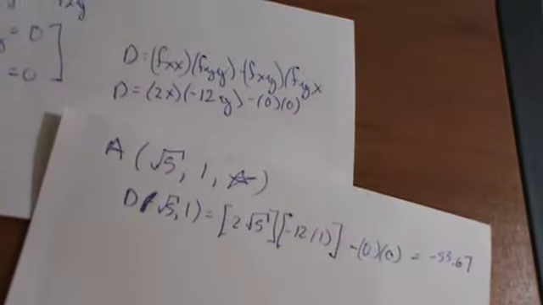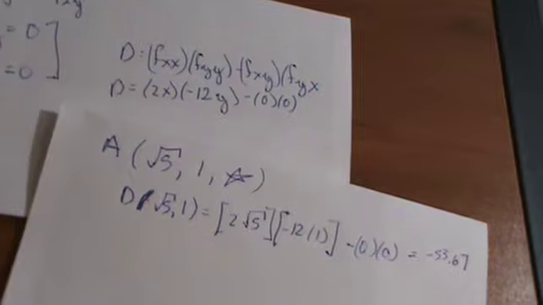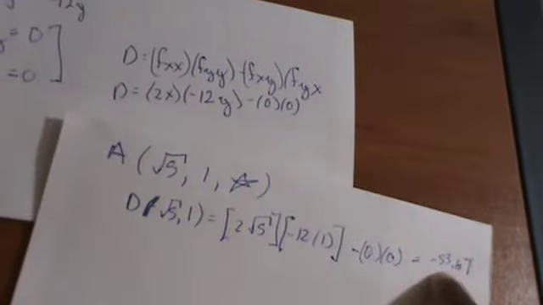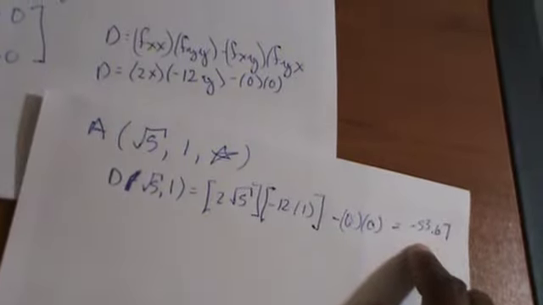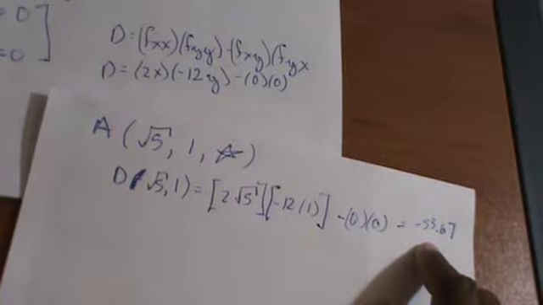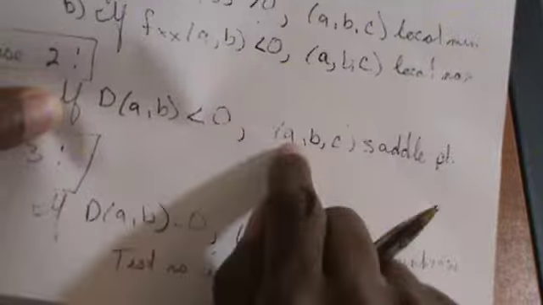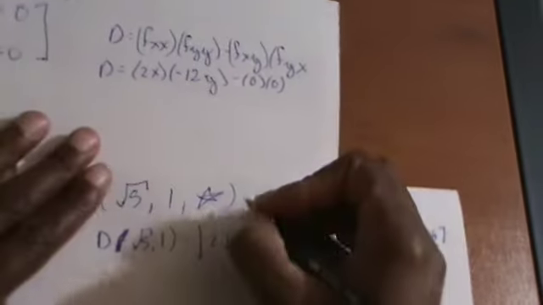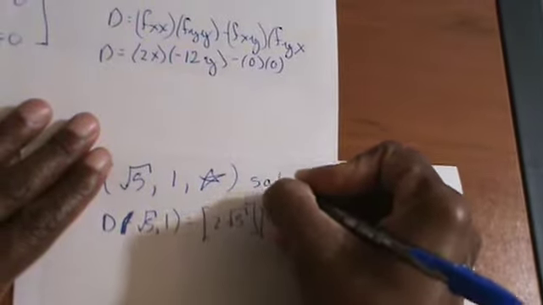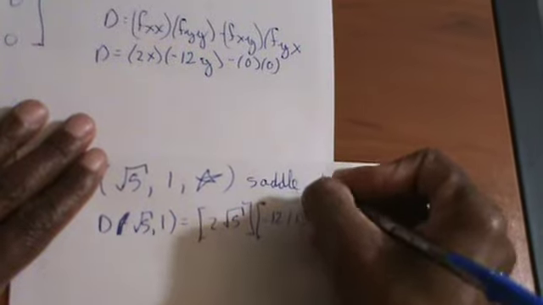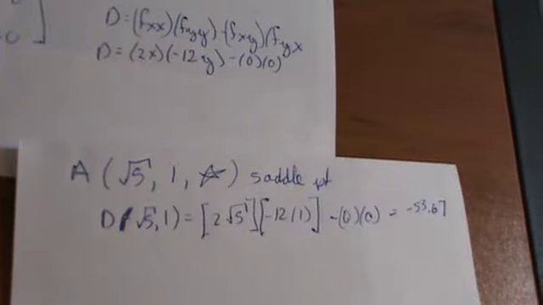All right, let me get my set of criteria, because if you look, d's negative. Look, d is a negative value rather. So I'm done. Look what it says. If d at your critical point comes up negative, then your point is the saddle point. So we go up here and we say this is a saddle point. Done. That's the point A.